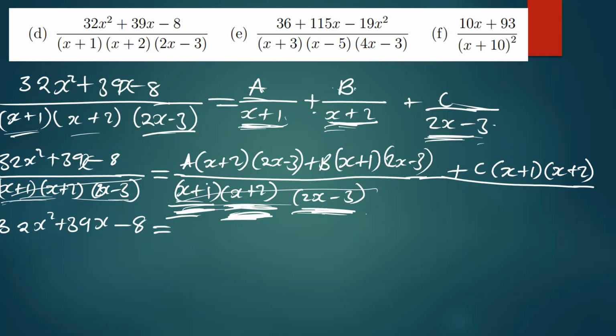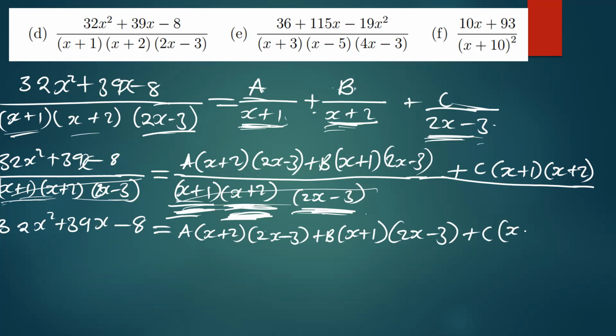This is going to be equal to A, open brackets, x plus 2, 2x minus 3. And then we have B, x plus 1, and then 2x minus 3. And then we have C, open brackets, x plus 1, x plus 2.